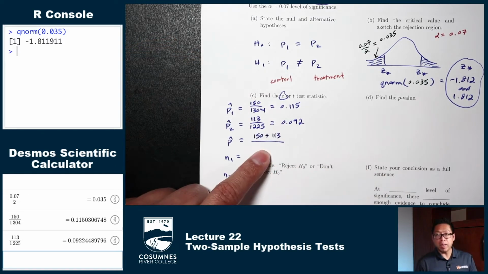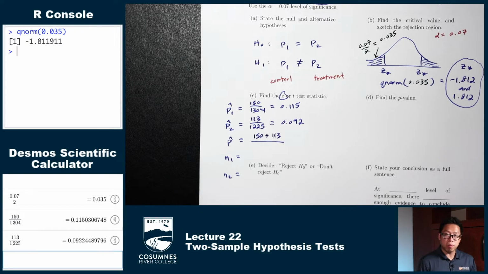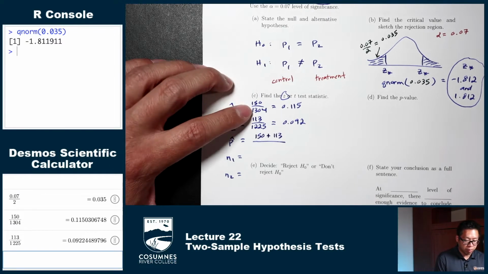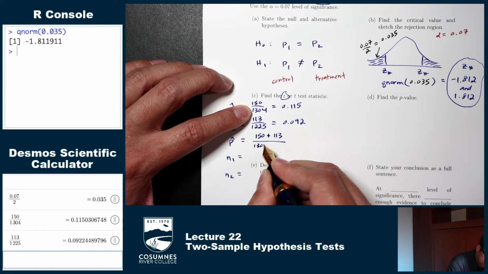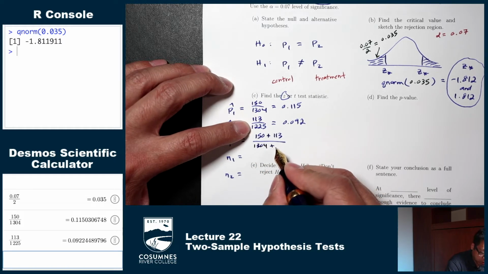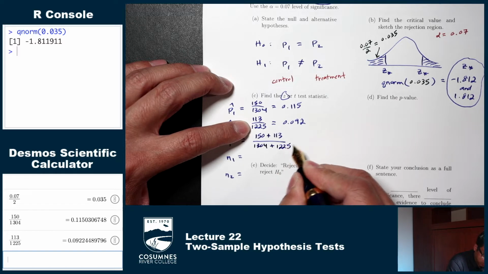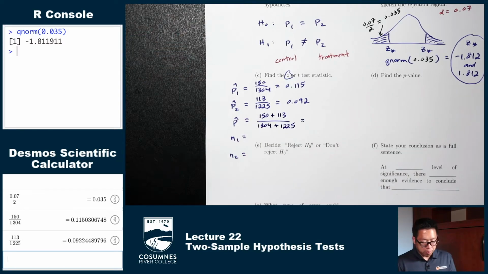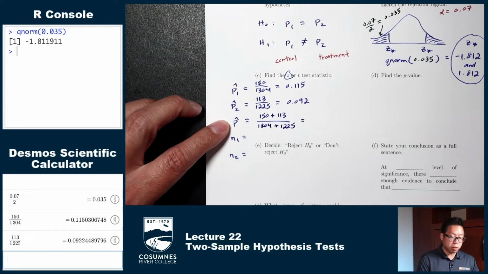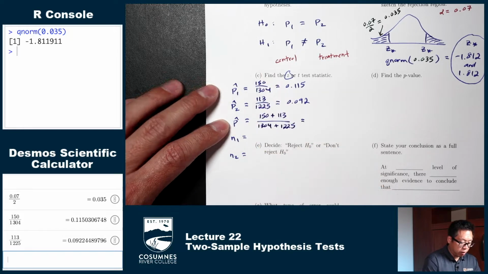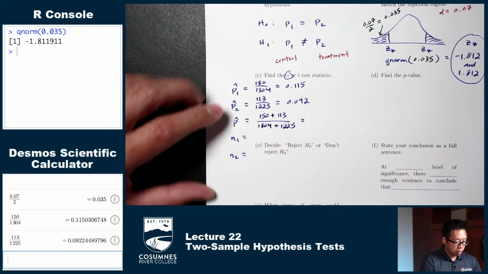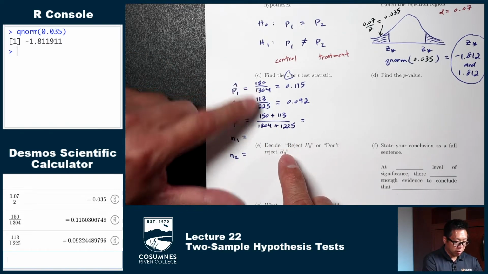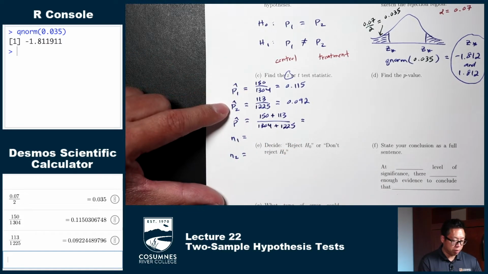On the bottom, N1 plus N2, so how many people total from the two groups? That's going to be 1304 from the control group plus 1225 from the treatment group. So basically, for P hat, no numbers, you take the numerators of P1 hat and P2 hat for the top and add them together. For the bottom, take the denominators from P1 hat and P2 hat and add them together.